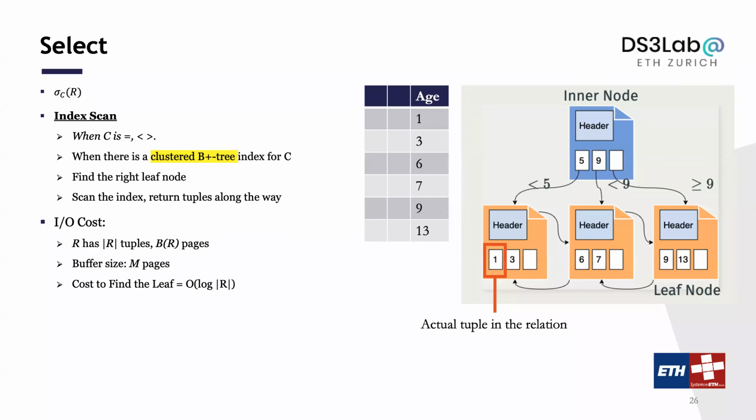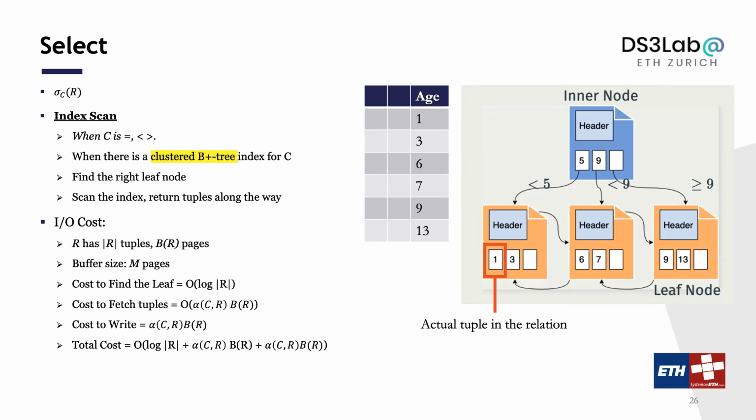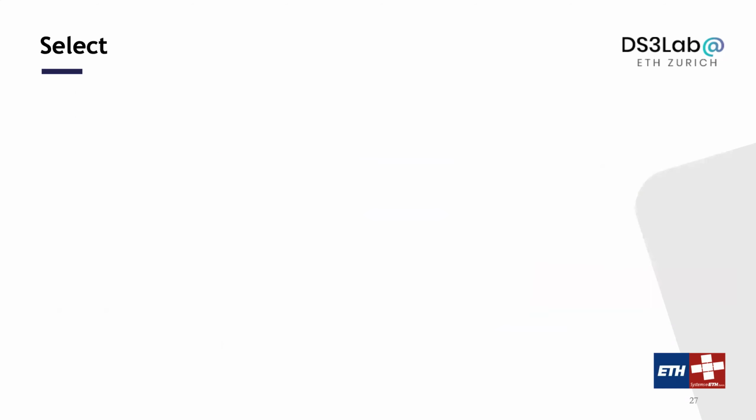Again, finding the right leaf node is log R. In the worst case, the time you need to fetch tuples becomes smaller, because I do not need to fetch all the original tuples, and all the tuples I need to fetch are stored together. So essentially, if my relation has BR pages, I need to fetch alpha times BR pages, which will contain my result. Similarly, writing down the result costs alpha times BR. So in total, you have something like this.